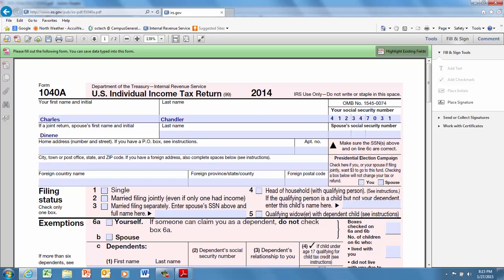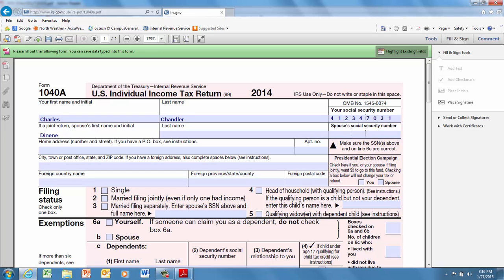Your Social Security has to match your name. So if Charles is listed first, he is the you all the way through the return. And Deneen is listed second, so she would be the spouse all the way through the return. This would be her Social Security.